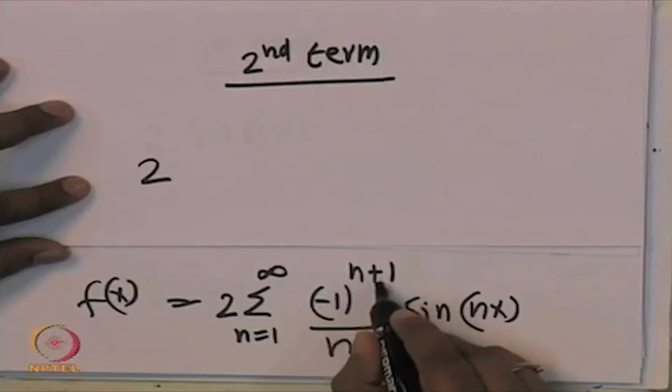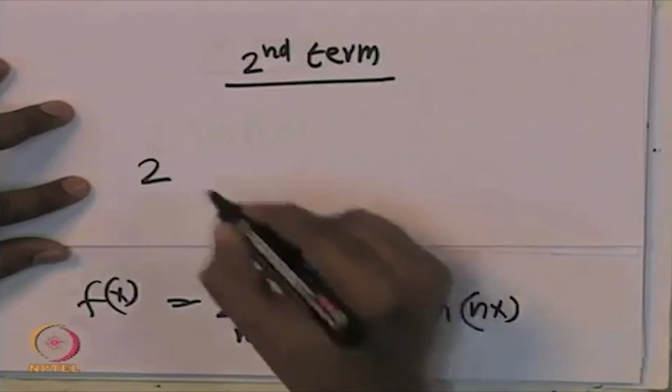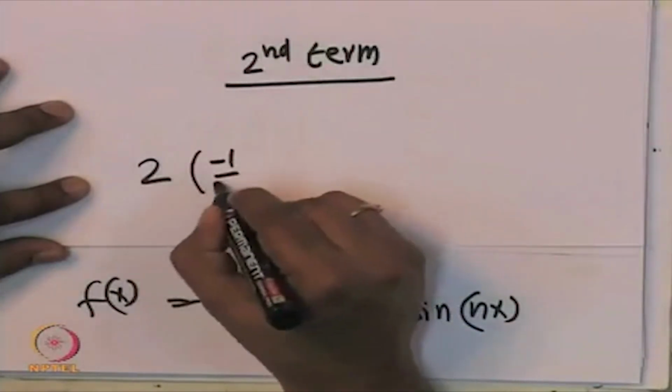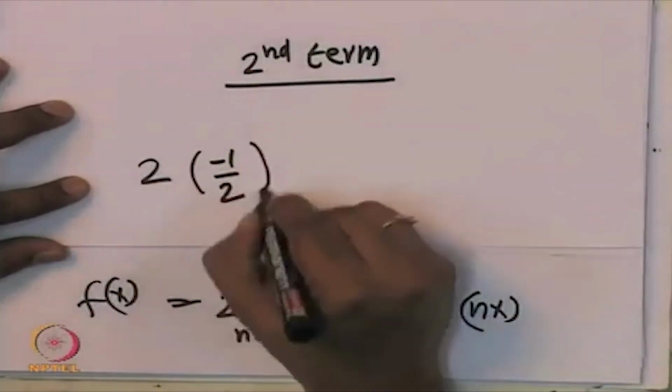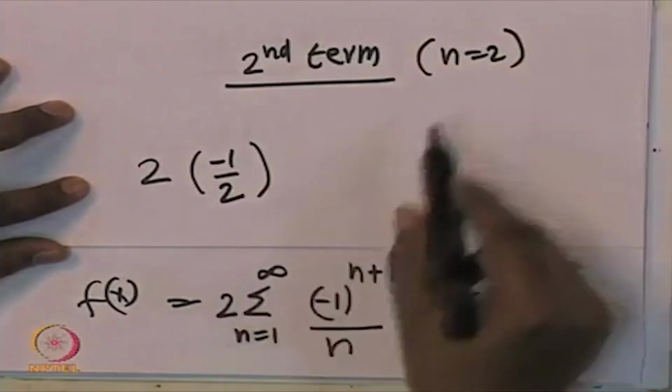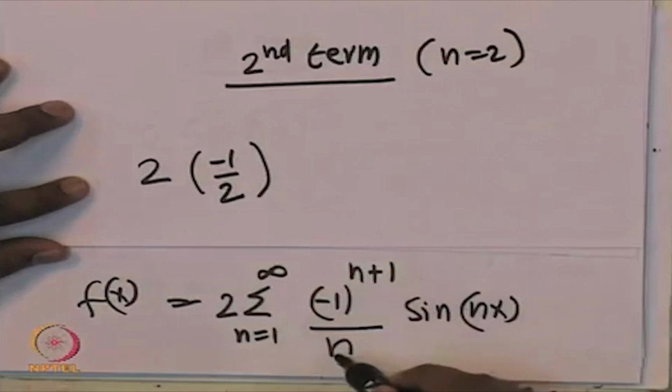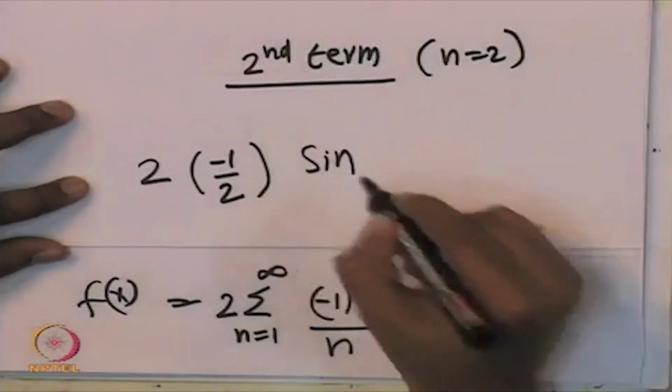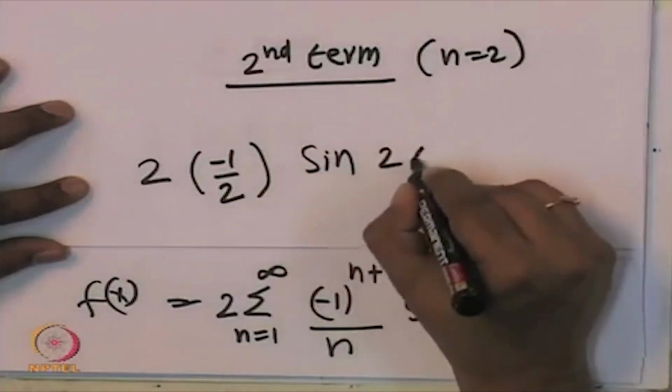So, minus 1 power 3 is minus 1. Then 1 by n is 1 by 2. So, if you do n equal to 2, you get minus 1 by 2 into sin 2 x.